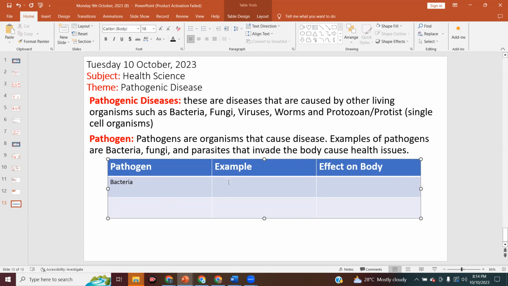Give me an example of a bacteria. How about salmonella? Hope I'm pronouncing that right. Good. That's an example of one. The effect on the body is food poisoning.